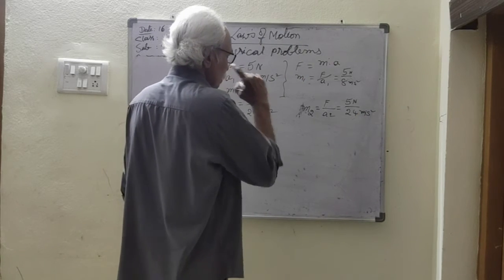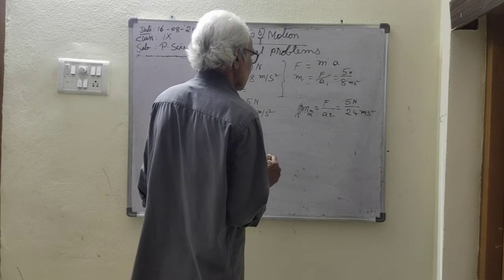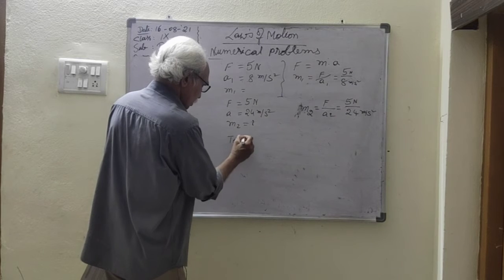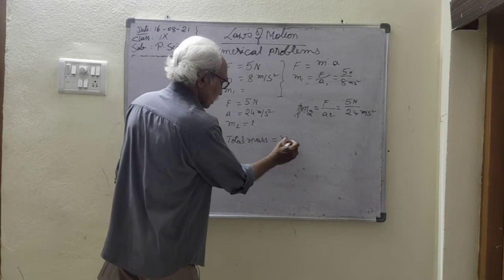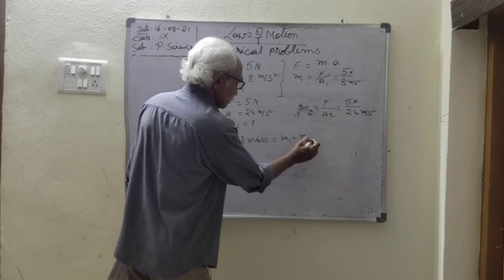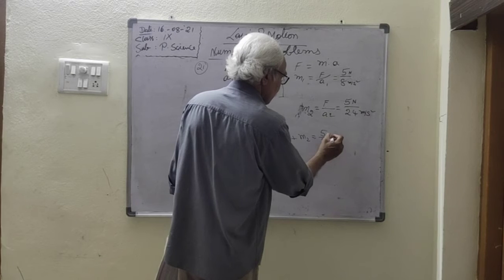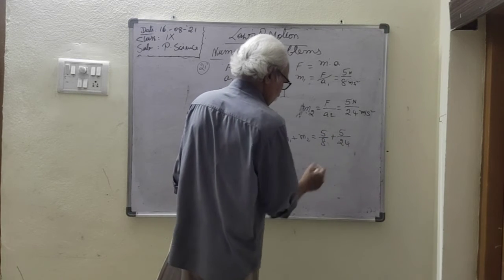So here the total mass, how much is there? You write total mass is equal to m1 plus m2. That is equal to 5 by 8 plus 5 by 24.